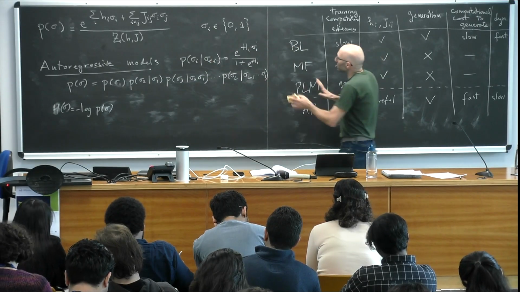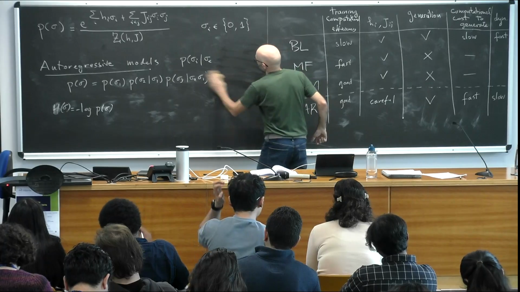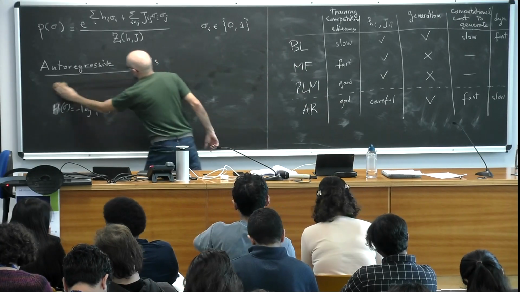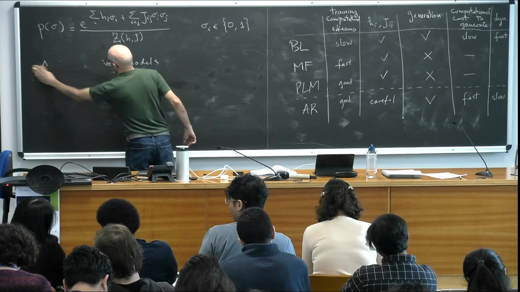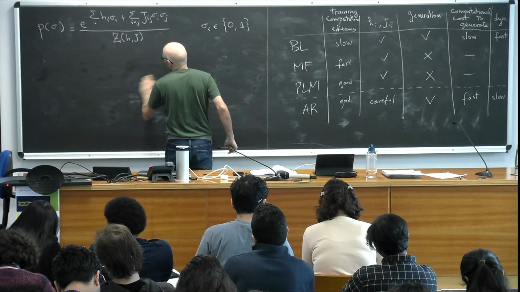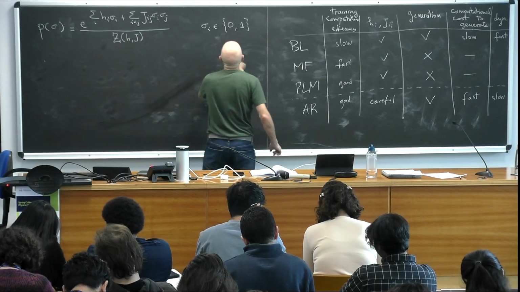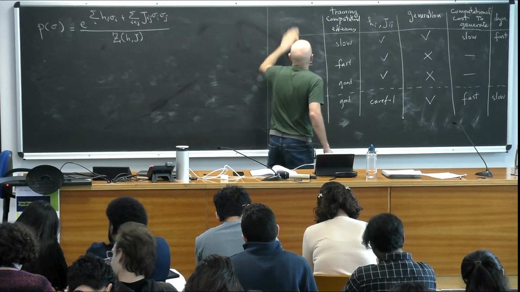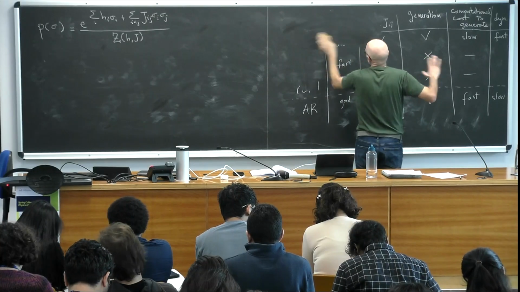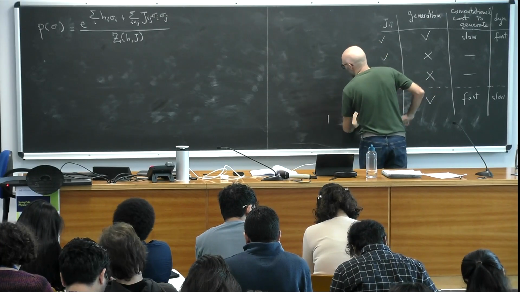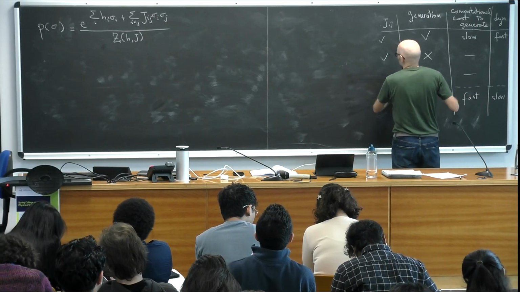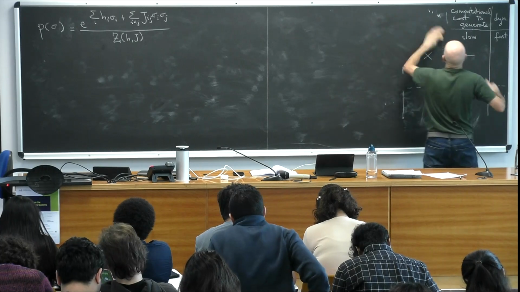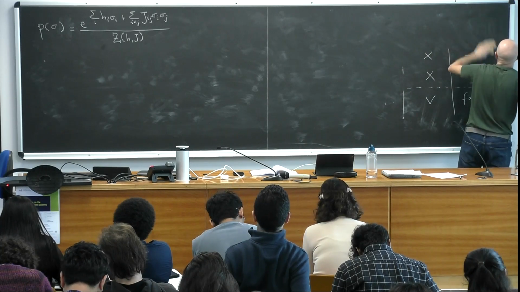Now, the last thing I want to discuss, and then we go to the protein application, is regularization. And maybe let's just do it very quickly. Up to this moment, I didn't put any regularization. So in principle, I am inferring a model with L square couplings.